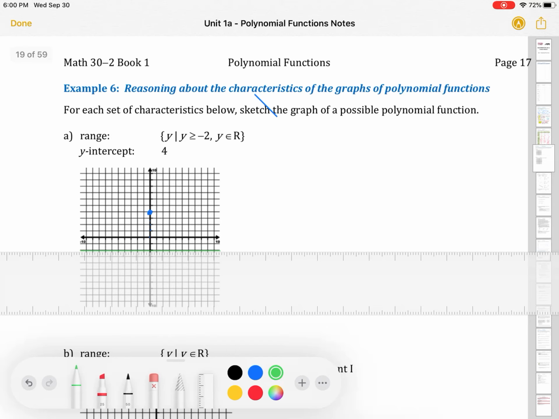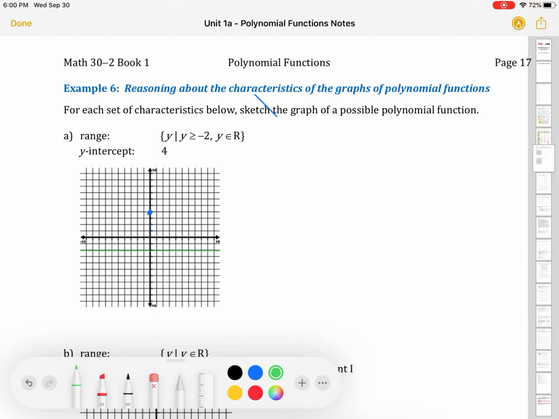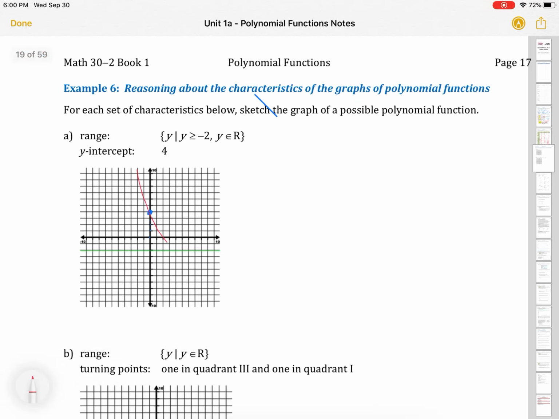The thing is, we only have the y-intercept and that restriction of where y can be and y can't be. So we could draw it like so. Okay. So as long as it touches on the -2, or it could go through this way as well.